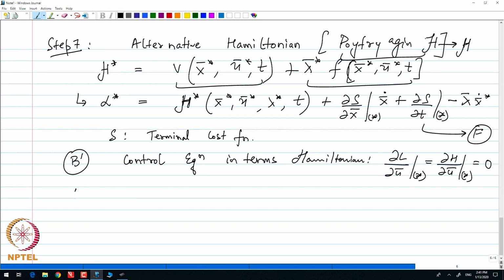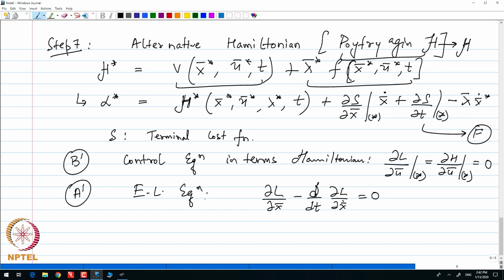My Euler Lagrange, which we termed A, now I term it A prime. My EL equation is changed as follows. Notice that the original EL equation in terms of the Lagrangian was the following: minus d dt of partial L partial x bar dot, set equal to 0.